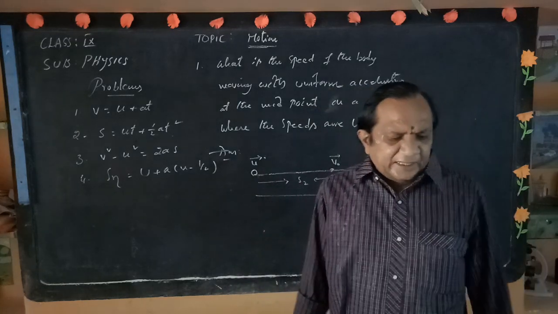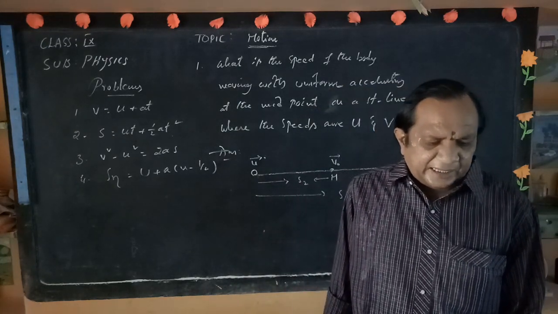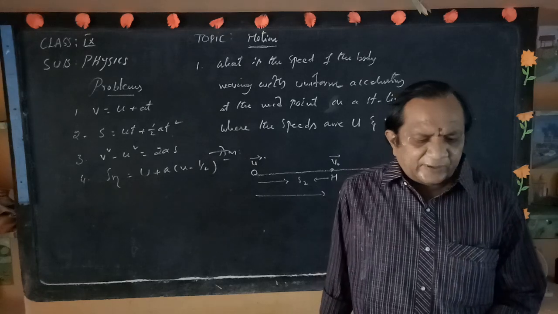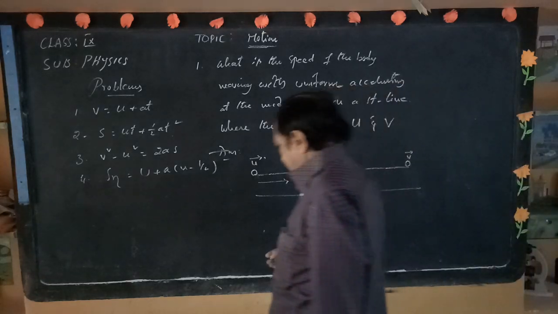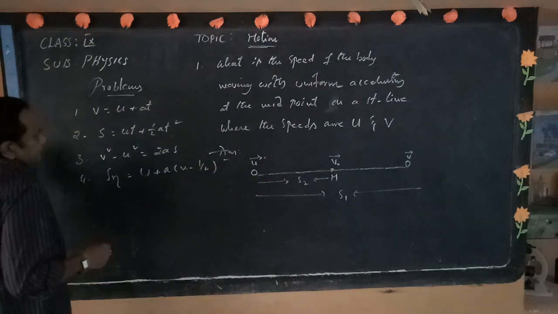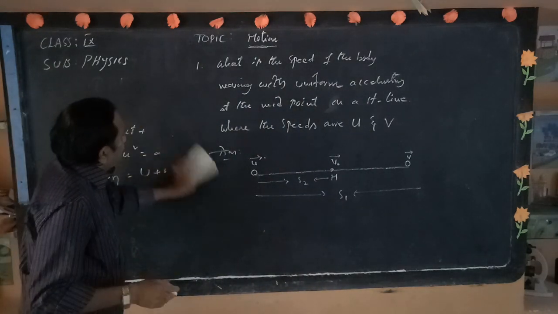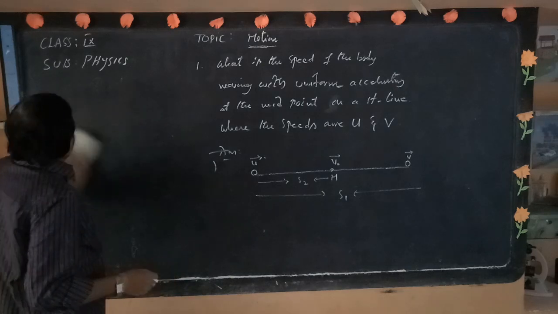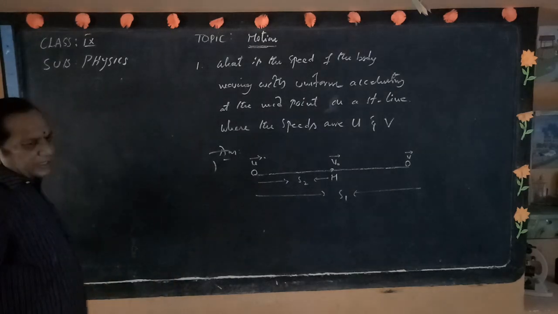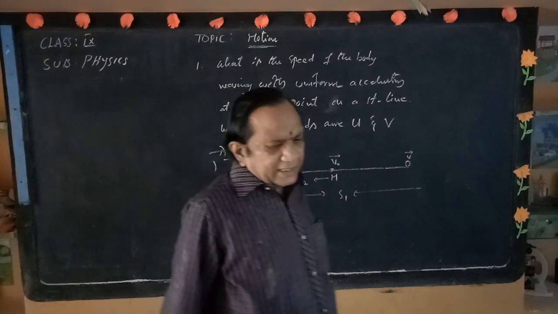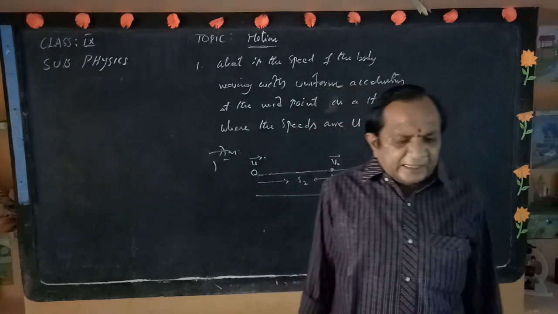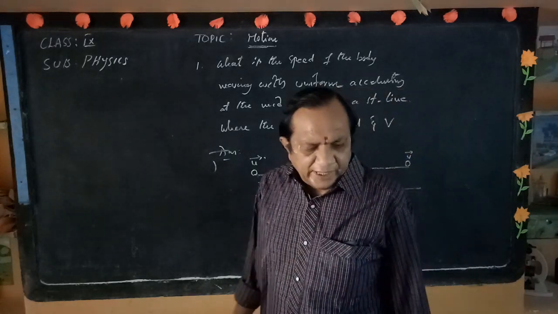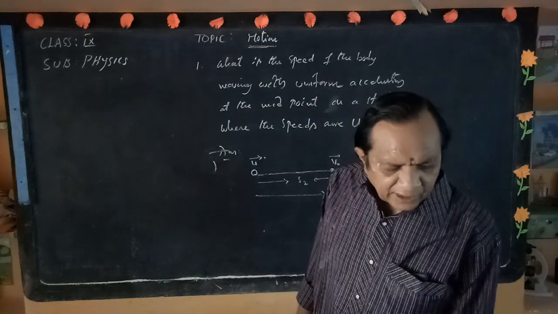Now let A be the constant acceleration and S the distance between the 2 points.